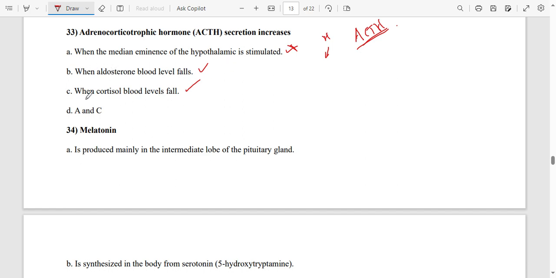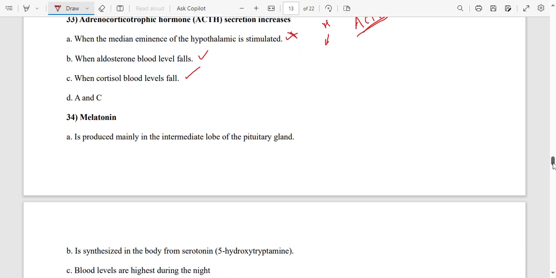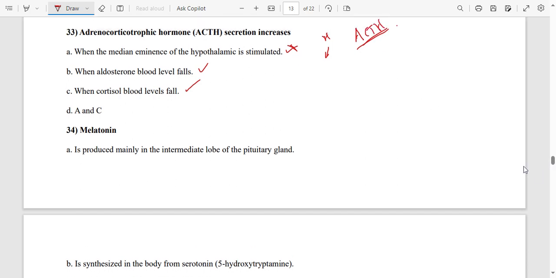Now I can see B and C are also correct. And then for A, when the median eminence of the hypothalamus is stimulated. Wow. So I don't even know now the best one that we can pick here. But ACTH does act on the adrenal gland to cause the production of things which come from the adrenal gland, and that includes cortisol, aldosterone, and also androgens.